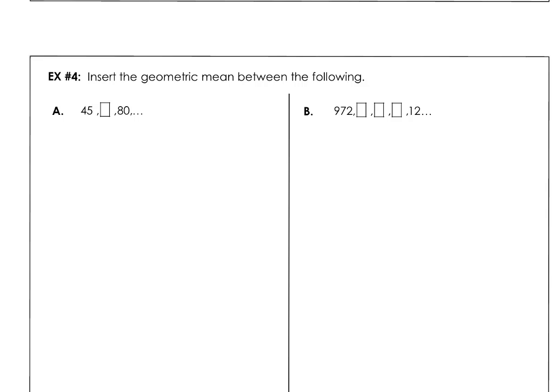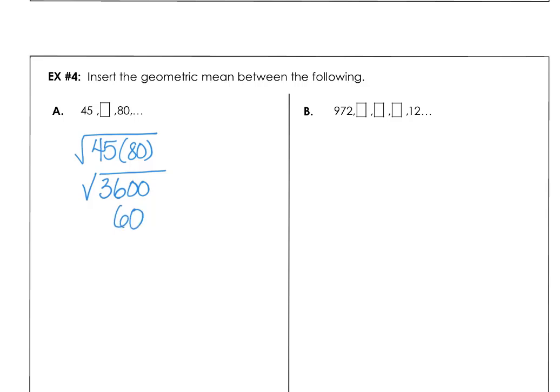So again, with the calculator, you want to multiply 45 times 80, and that's 3,600. The square root of 3,600 will be 60.